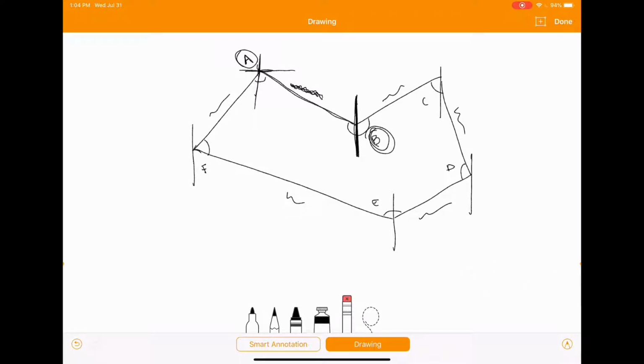All right, but if we have this bearing angle here, so A going to B, then we know that that's going to be this angle here. But because of our geometry, we know that opposite interior angles equal each other. So this angle here is going to equal this angle here.